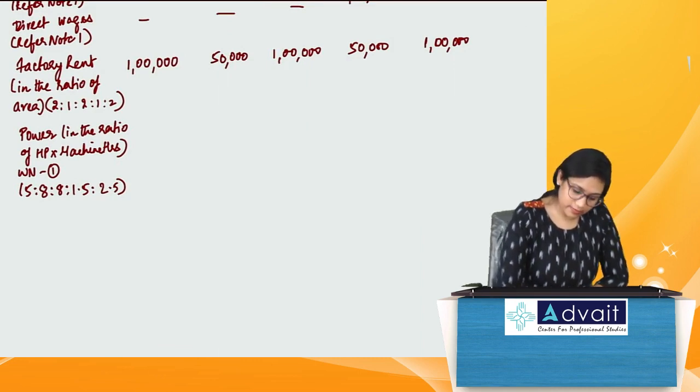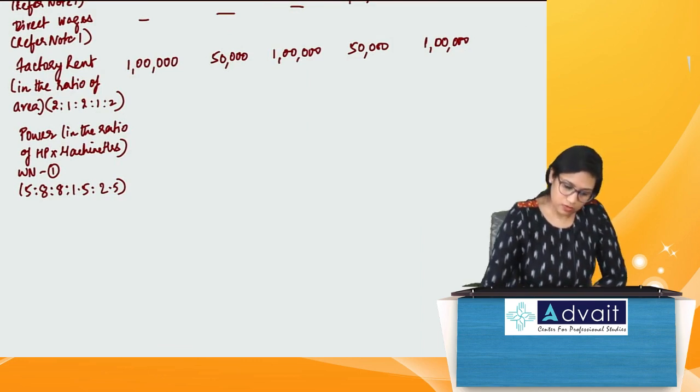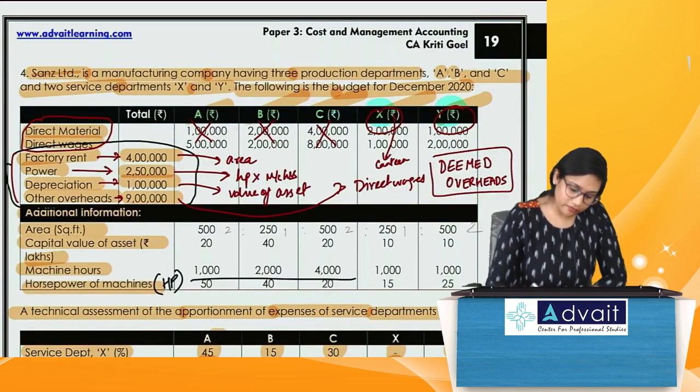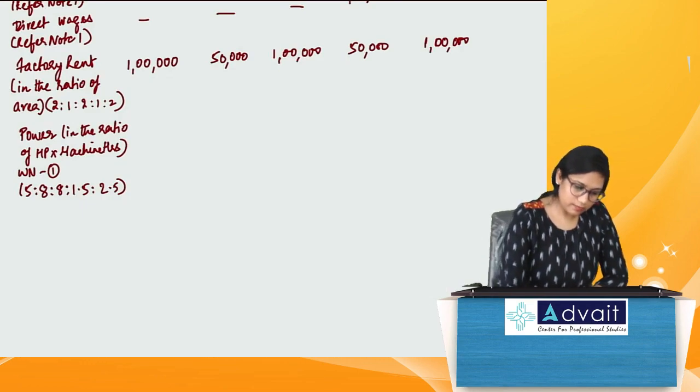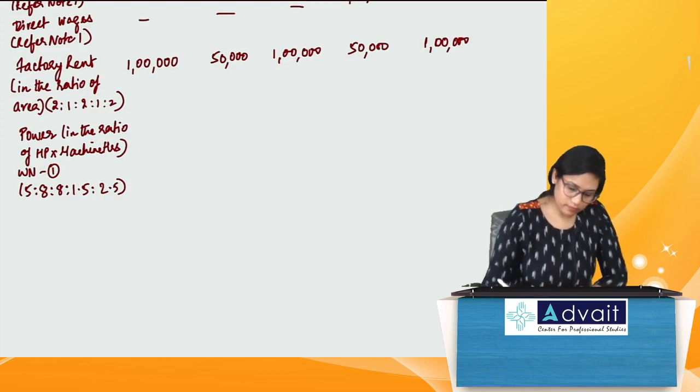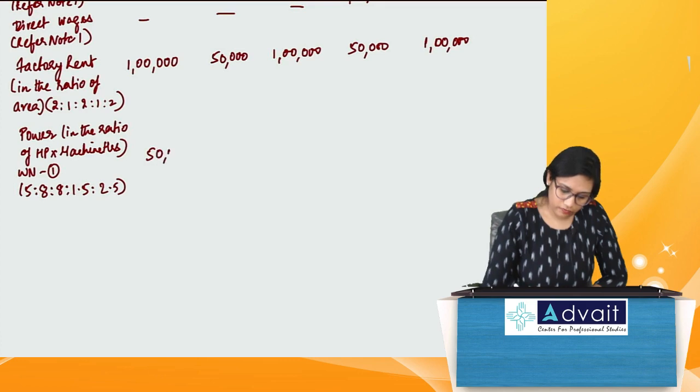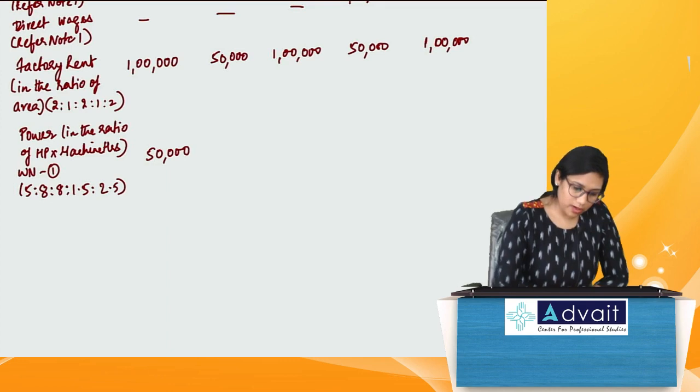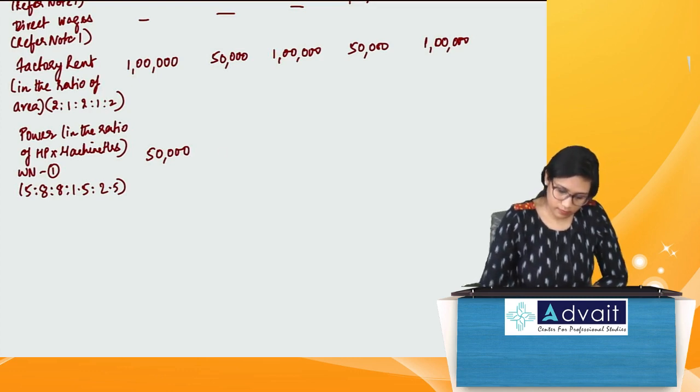Let's divide. So how much is my power cost? 2,50,000. So first one 50,000. Second one 80,000.